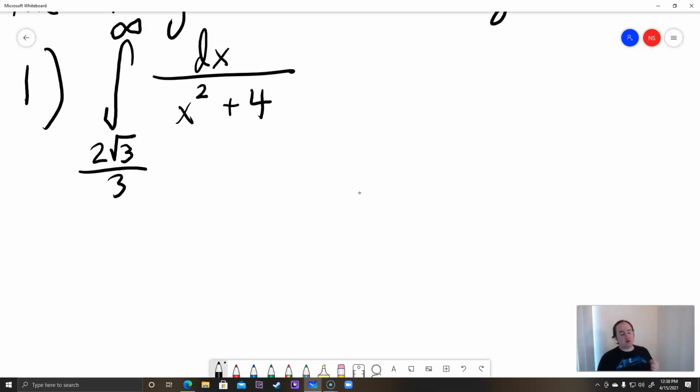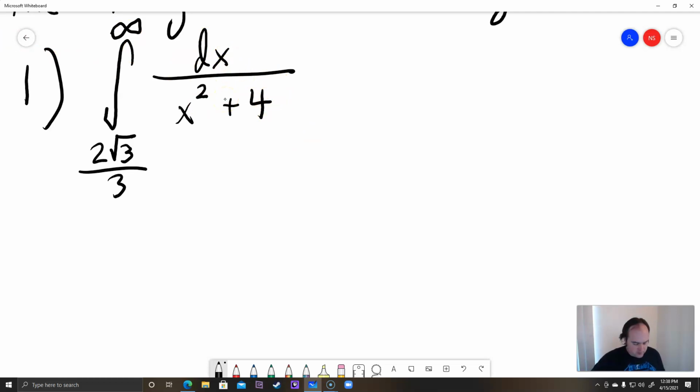Basically all we have to do here is do all the steps we would normally do. We calculate the antiderivative, and then at the very end, rather than plugging in infinity, we write it as a limit. But we don't have to worry about that until the end. First, we have to calculate the antiderivative of dx over x squared plus 4.